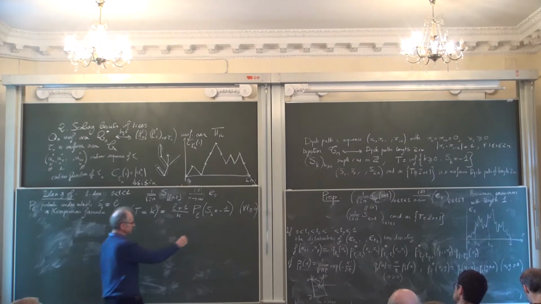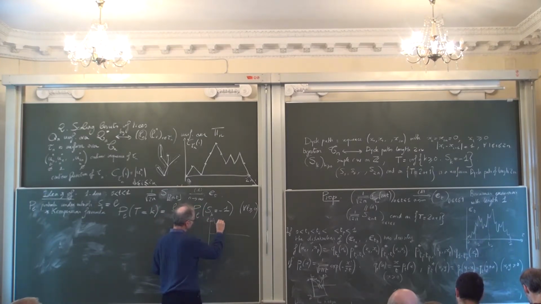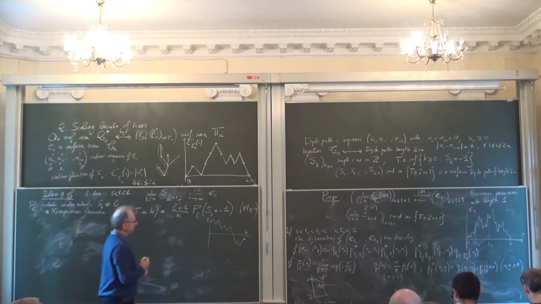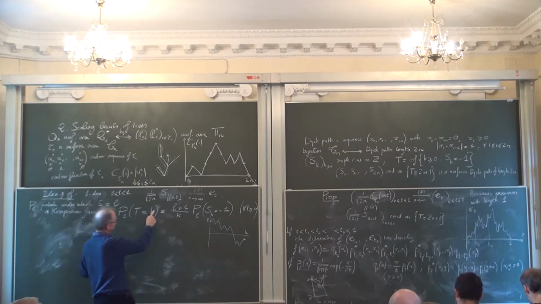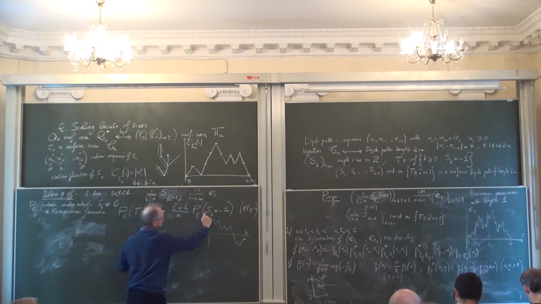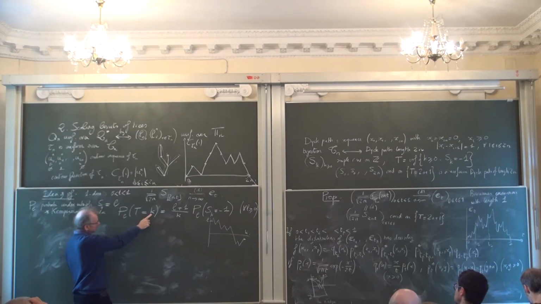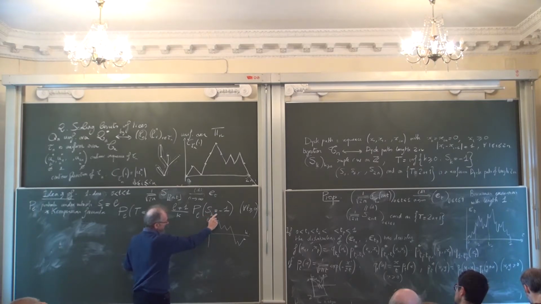So the reason is that you start from L and you look at your random walk, say up to time K. Essentially what I'm saying is that this event here is contained in this one. But of course, this is a strict subset of this one. Here I'm saying that the first time when I am at -1 is K, here I'm only saying that at time k, I am at -1.